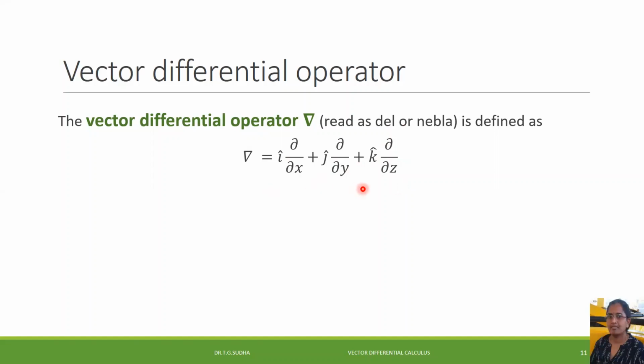Even though it looks like a vector, it is not a vector, but it is a vector differential operator. It can also be represented as dou by dou x into i plus dou by dou y into j plus dou by dou z into k. That is, we can write the unit vectors before the operators, or you can write them after the operators.